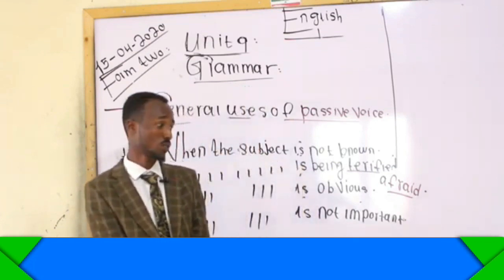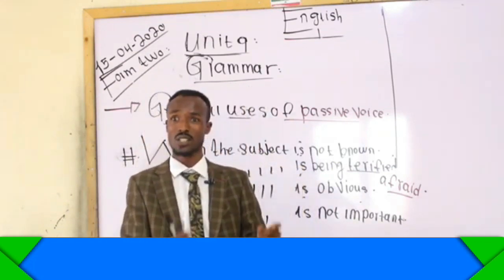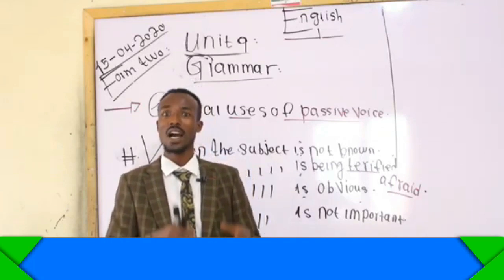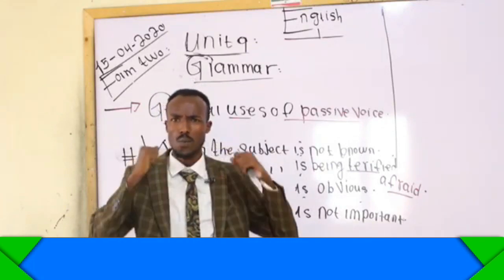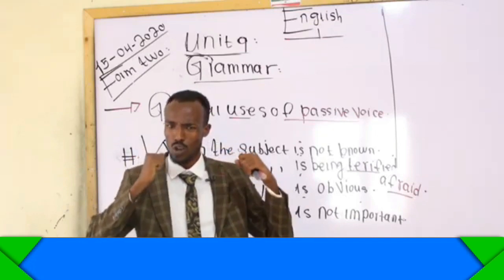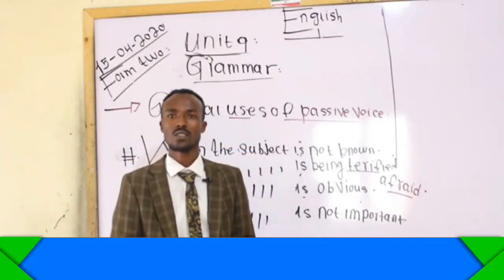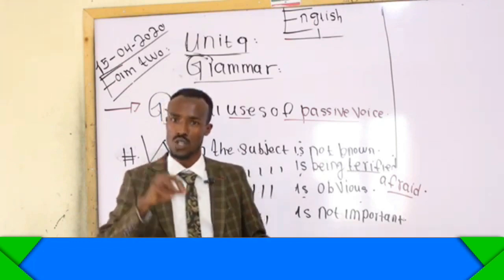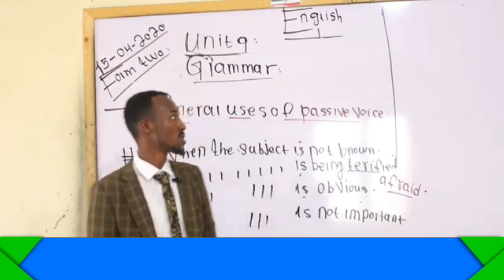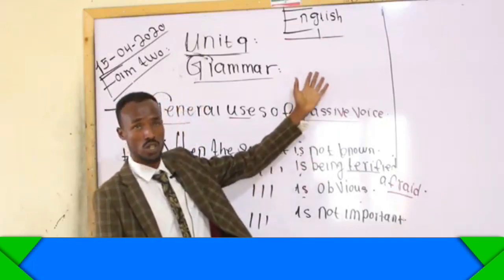Let me take another example which is very important for us to understand our lesson well. Suppose you are a student and you are weak. You don't have any power. You are not strong. One student who is very strong and very powerful wrote a bad comment to the teacher on the board.